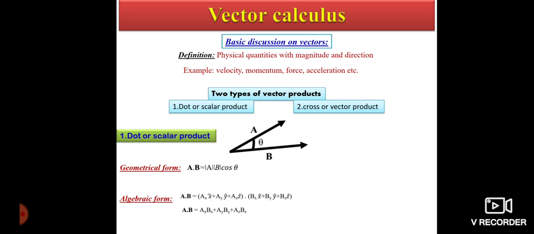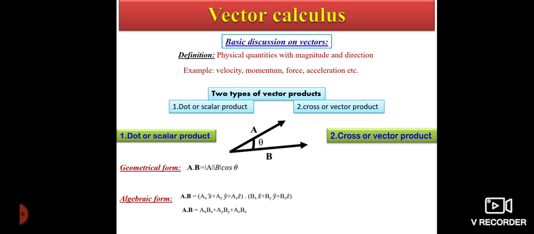Here we have split A vector and B vector into their component forms, that is A vector equals ax x cap plus ay y cap plus az z cap, and B vector is split as bx x cap plus by y cap plus bz z cap. ax, ay, az are the components of A vector along the x, y and z directions respectively. Similarly, bx, by, bz are the components of B vector along the x, y and z directions respectively.